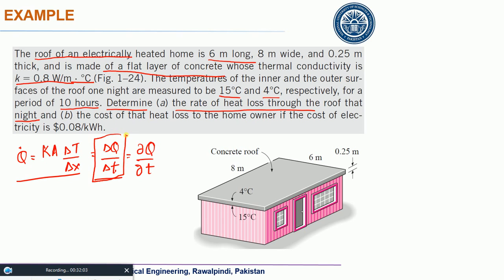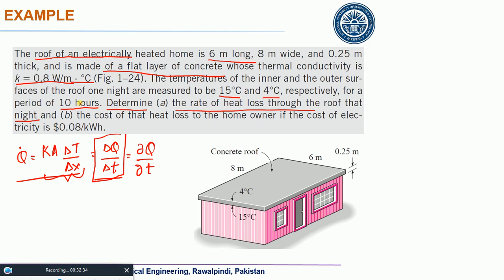Heat transfer rate means heat transferred per unit time. Remember, this is a difference. We are talking about heat transferred per unit time. This is heat transfer rate. That's what it is. This relation tells you something about heat transfer rate. So if you know what is the heat transfer rate, it means you are talking about the amount of heat transferred in a unit time, and that unit time is seconds.